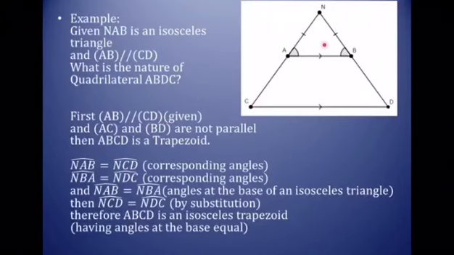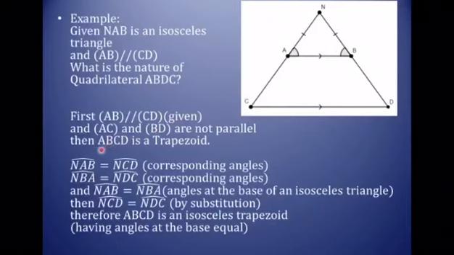Here we have NAB and NCD, the two angles A and C are equal because they are corresponding angles, since AB and CD are parallel. Also on this part, the angle B and the angle D are also corresponding, so they are equal. But we know that NAB and NBA are equal because they are two angles at the base of an isosceles triangle.